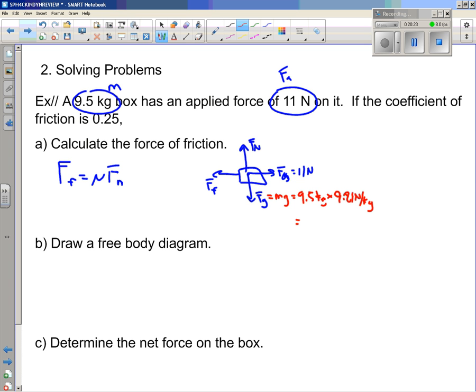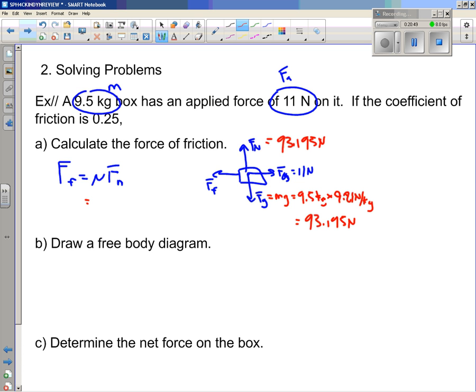And I'll punch that into my calculator. 9.5 times 9.81 equals 93 point something newtons. I'm going to write it 93.195 newtons. All right, so that's force of gravity, and that also gives us the normal force, 93.195 newtons. Now I've got enough information to solve my problem here, okay?